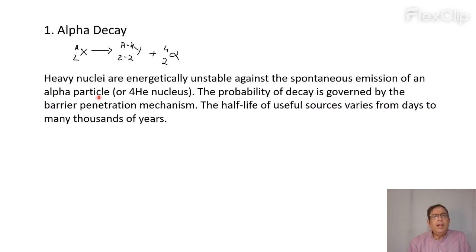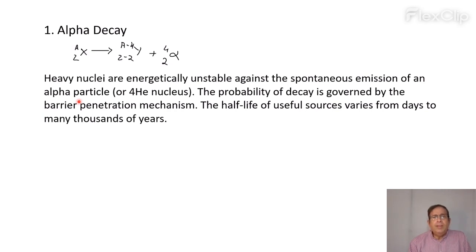Heavy nuclei are energetically unstable against spontaneous emission of alpha particles. So basically spontaneous emission of alpha particle takes place because heavy nuclei are energetically unstable.